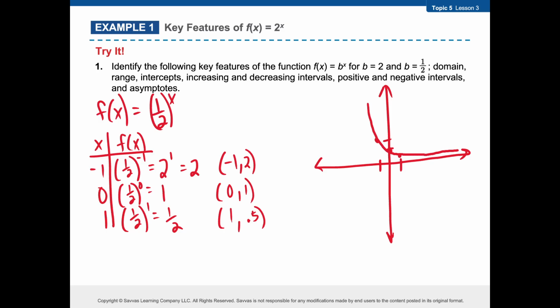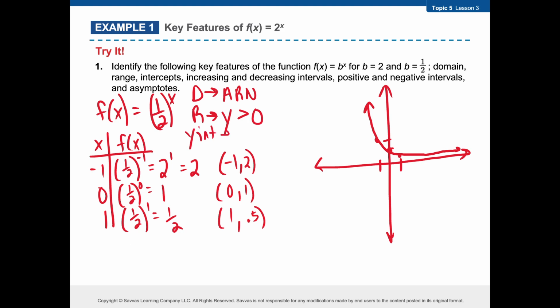Again, it's never going to touch the x-axis, only get very close to it. So my key features here, my domain is still all real numbers. My range, again, it's never going to hit 0. It's never going to come down to the negative numbers. So all values of y are greater than 0.